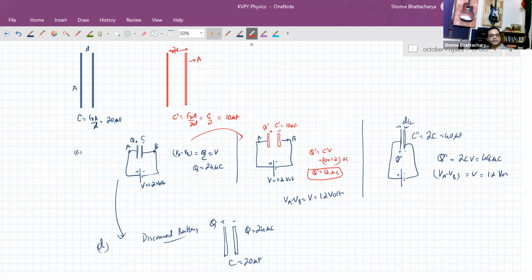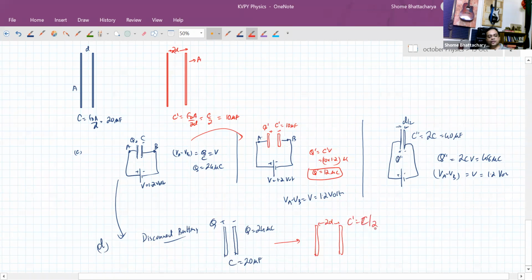So next, keeping the battery disconnected, if I move this to 2D, the new capacitance has become C by 2. You'll see that the charge is the same. I have not disturbed the charge. But the voltage has changed now.